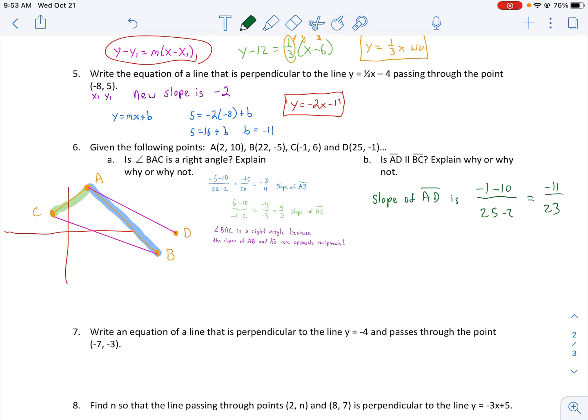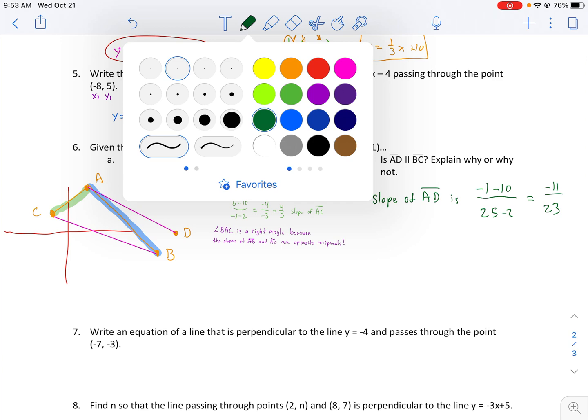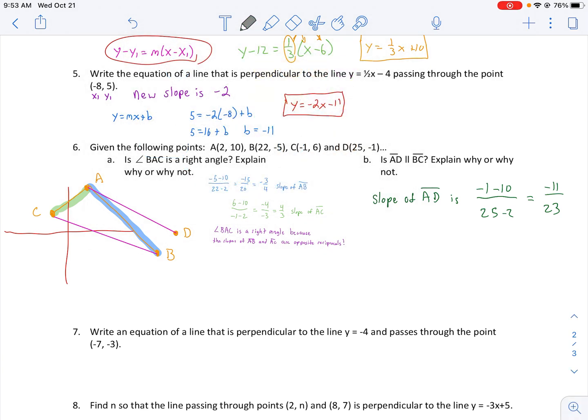Remember, if these two lines are parallel, then they'll have the same slope. So let's see if they do. And let's go with gray. The slope of BC is 6 minus -5, so 6 plus 5, over -1 minus 22, which gives me 11 over -23.